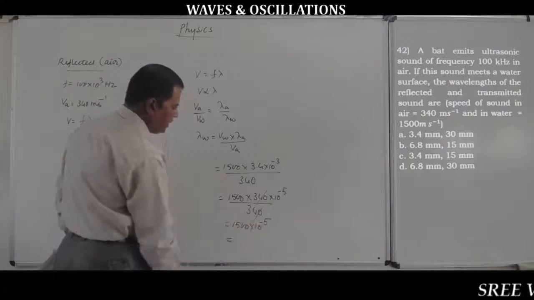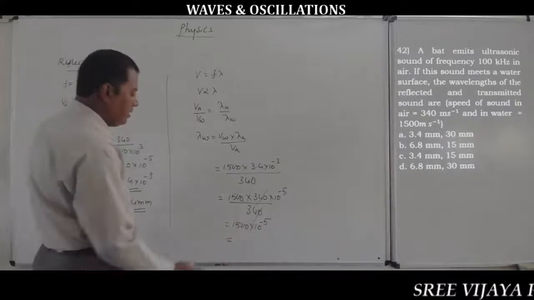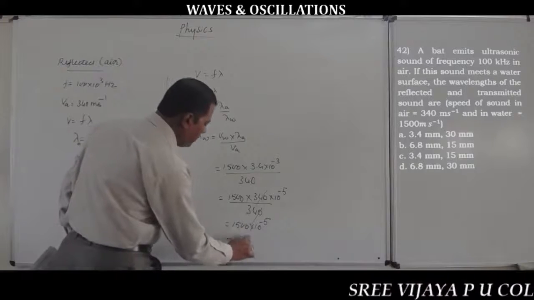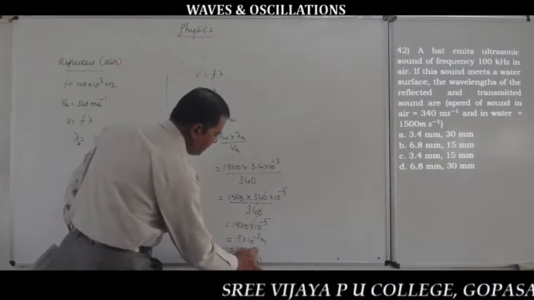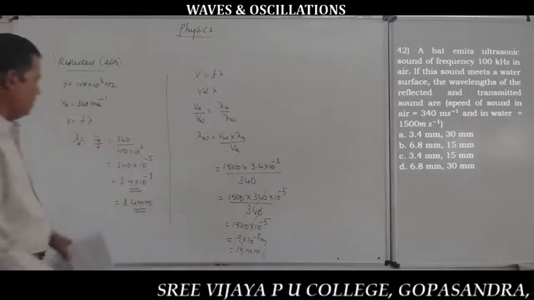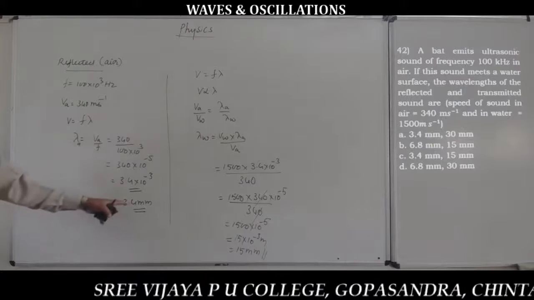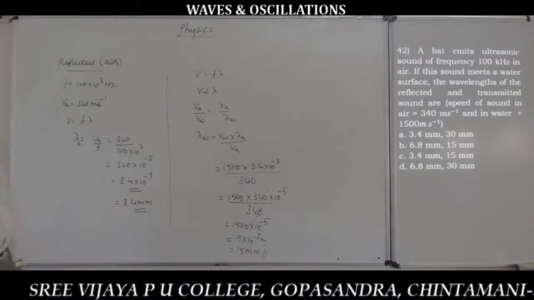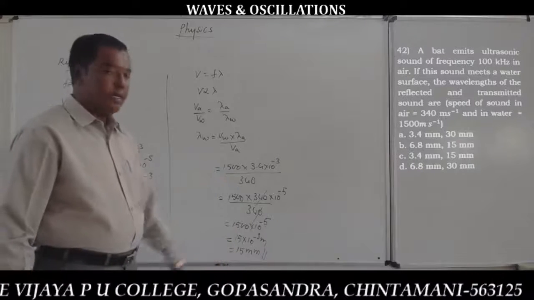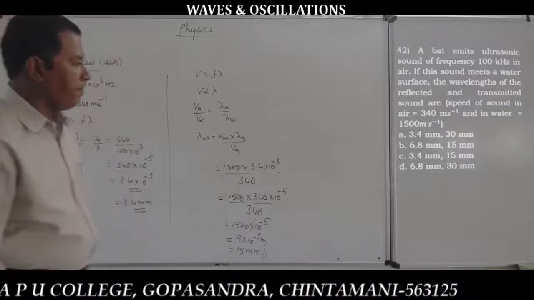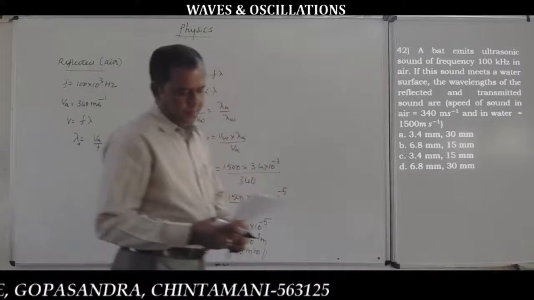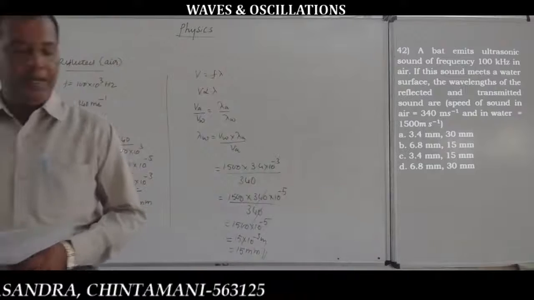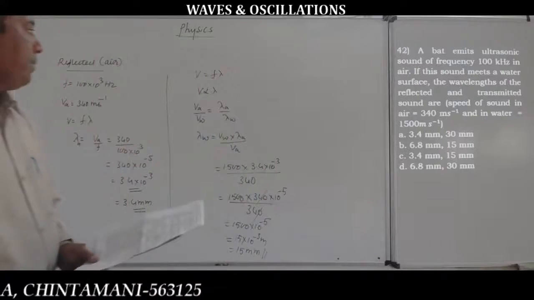Upon taking in millimeter, you get 15 into 10 power minus 3 meter, or 15 millimeter. So therefore, the wavelength of the reflected sound wave is 3.4 millimeter and the transmitted sound wave is 15 millimeter. So therefore, we get option C. It is 3.4 millimeter and 15 millimeter.